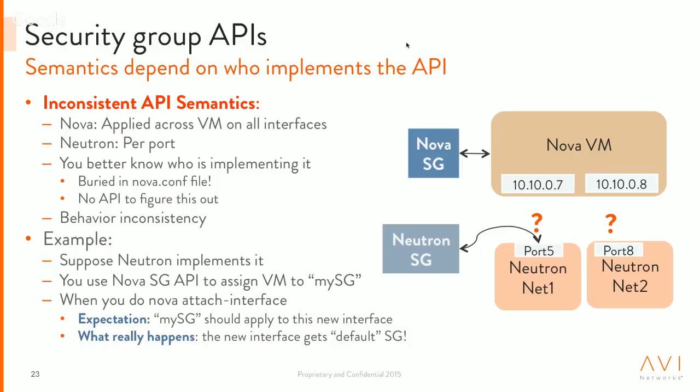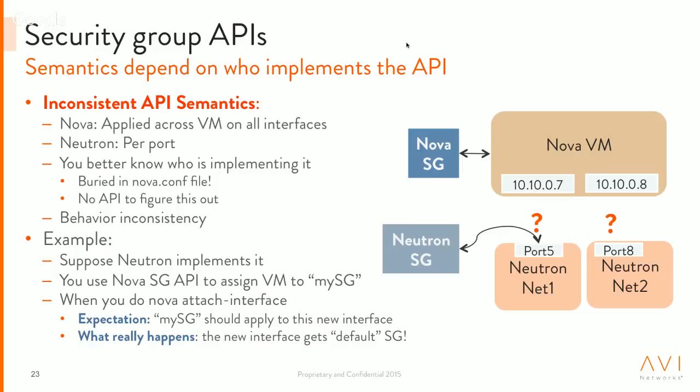One example: let's suppose somebody has an OpenStack environment and they're using Neutron to implement the security group. All the Nova security group calls get relayed to Neutron in that case. Now, if I use the Nova security group API to create a VM and assign it to my security group, and later I call Nova attach interface, that is, create an interface and attach it to Nova, creating one more IP address, or we provide the Neutron port, then the expectation is that my security group would also apply to this new interface.